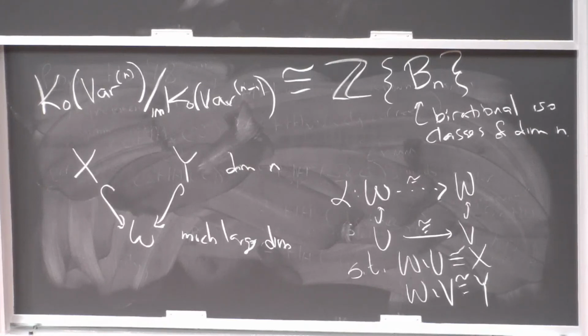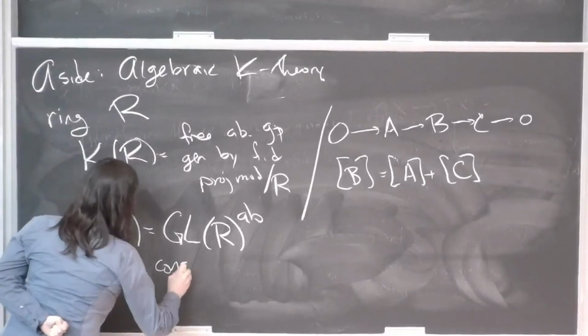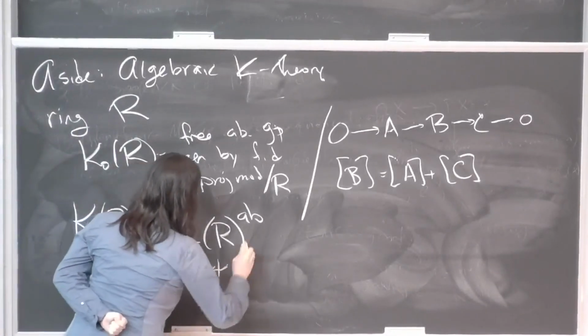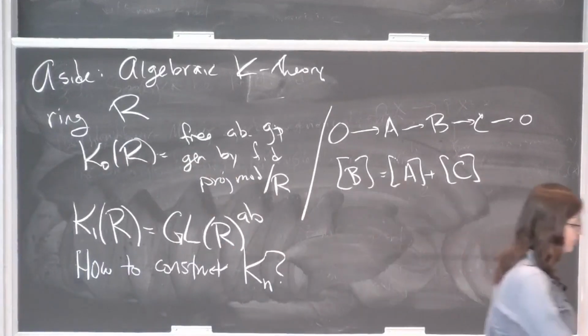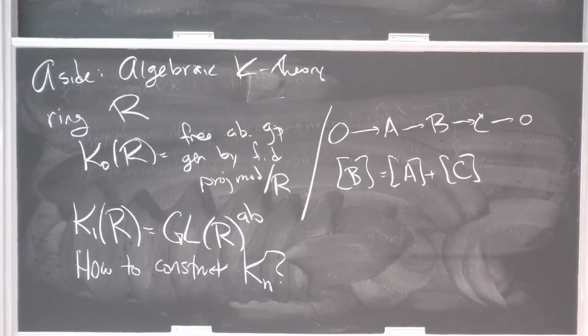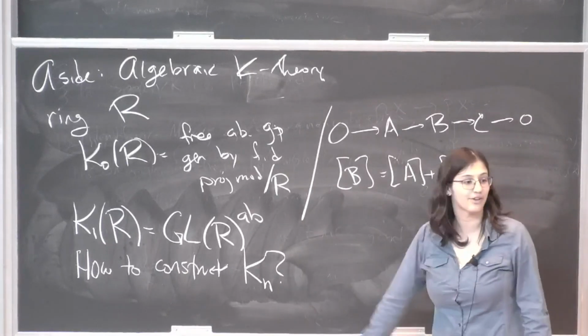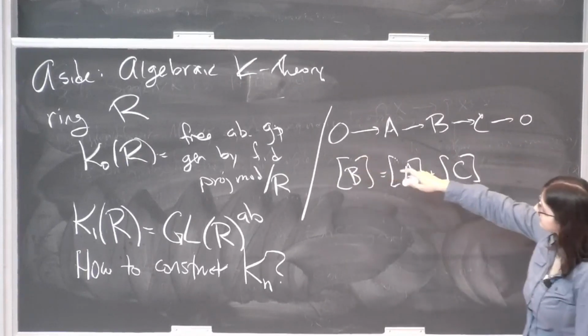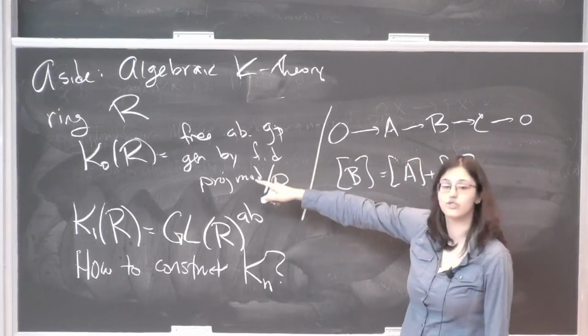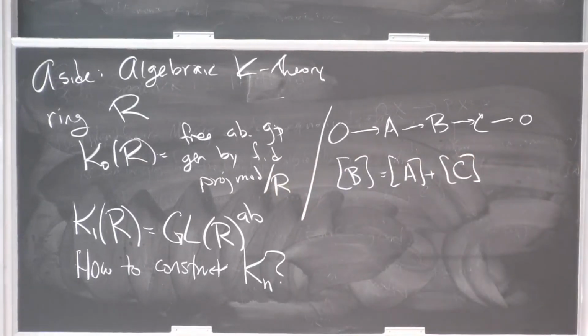So if we just have these tools, how do we construct Kn in general? One of the reasons I don't write down the classical definition of K2 is that it doesn't actually help in figuring out how to construct Kn. So here's how to think about constructing these Kns. We have this combinatorial data of finitely generated projective R modules.